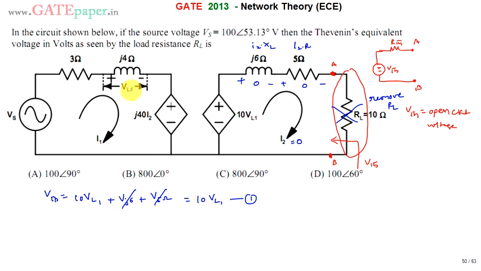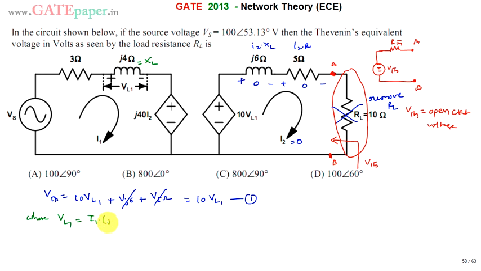Now look at VL1. VL1 is the voltage across the j4 ohm inductor, and the current flowing through it is I1.